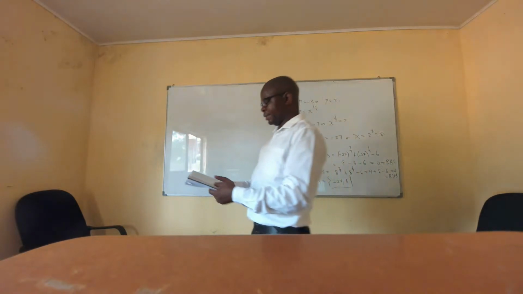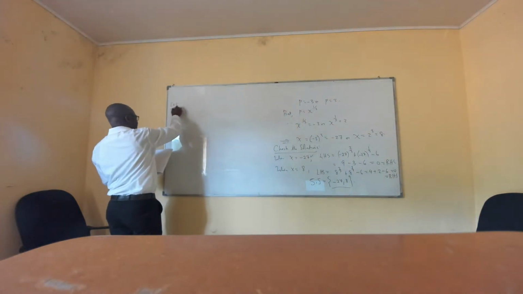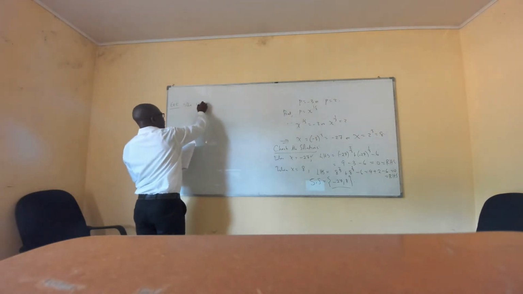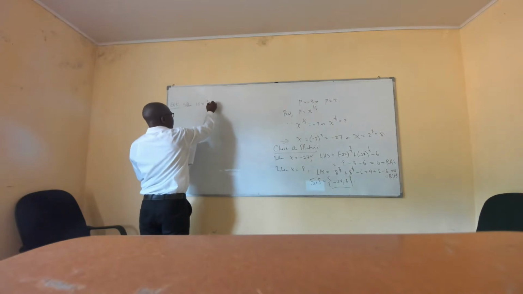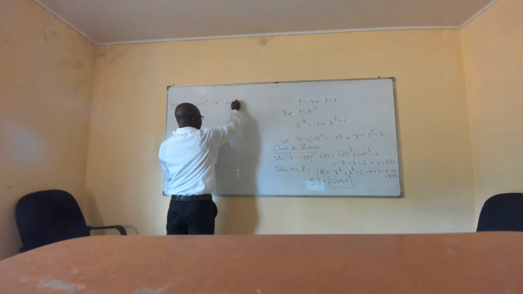Okay, next, another example, example 3. It says solve 15x to the power minus 2 minus 11x to the power minus 1 minus 12 equal to 0.